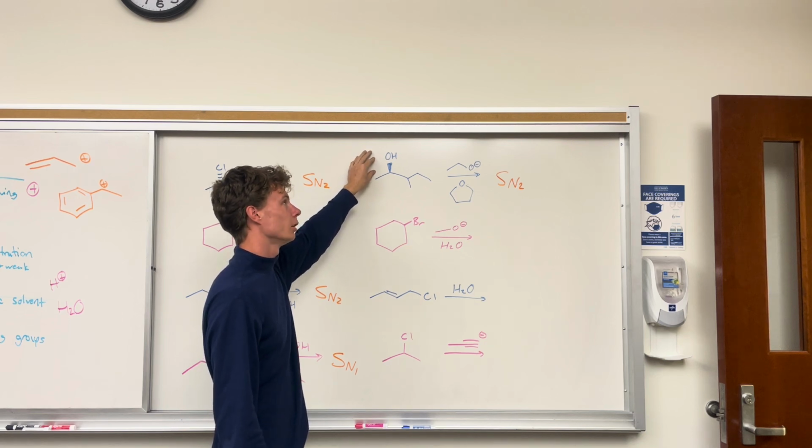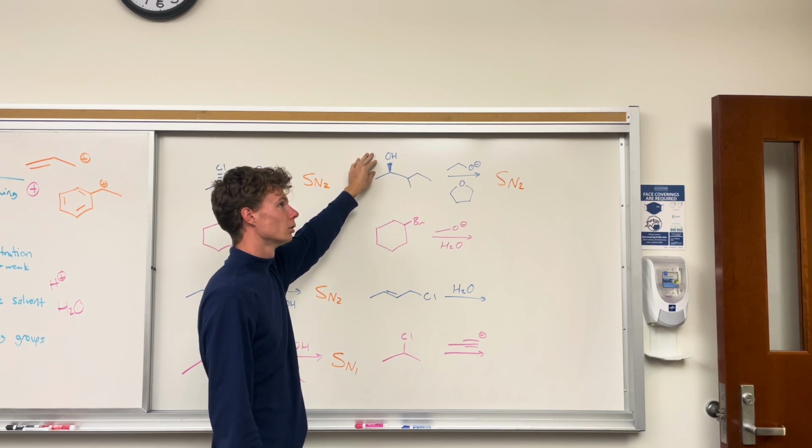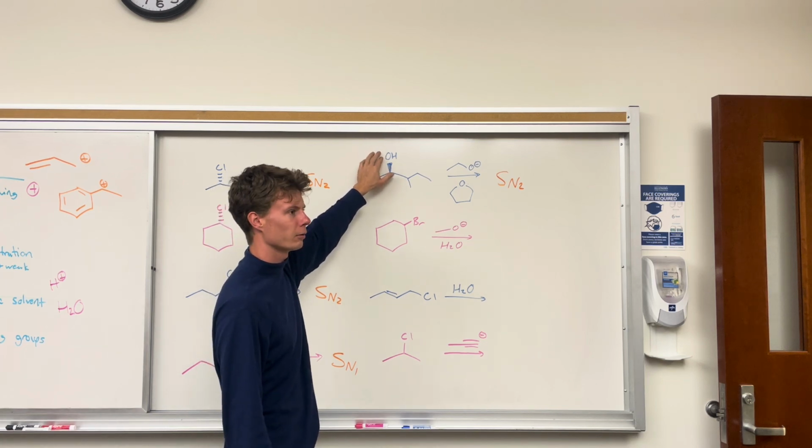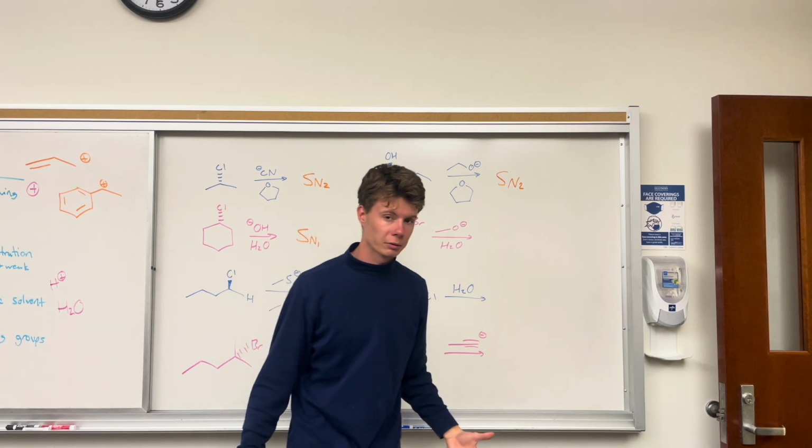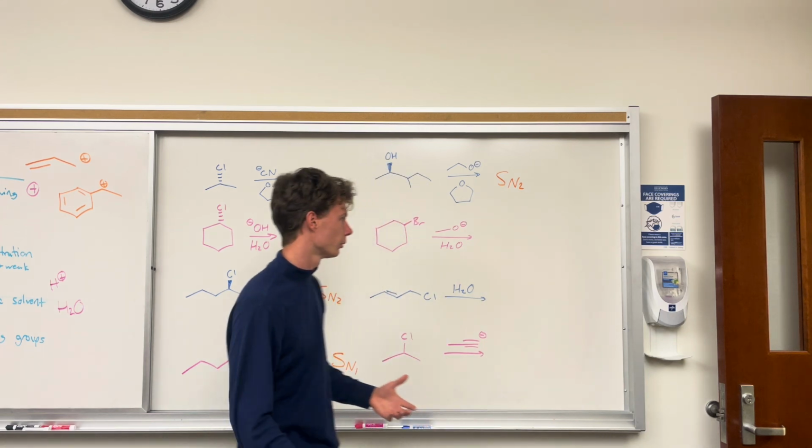Maybe something like maybe like an amino group possibly. But this was just demonstrating that I have a poor leaving group, and if we have a very poor leaving group, it's going to favor SN2, okay?